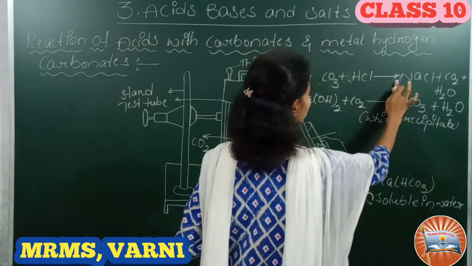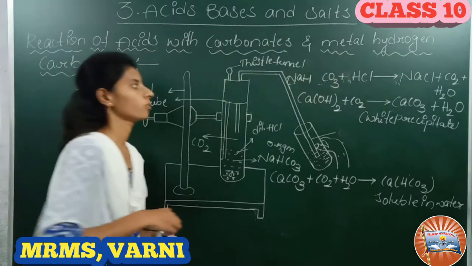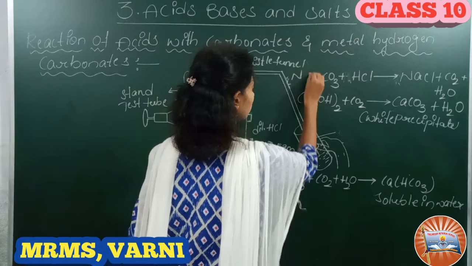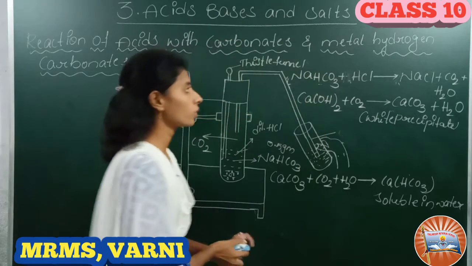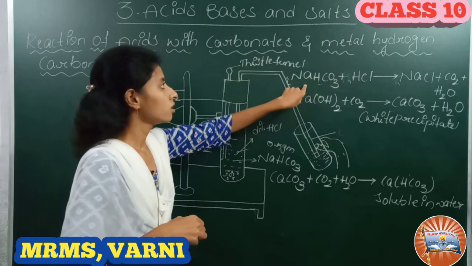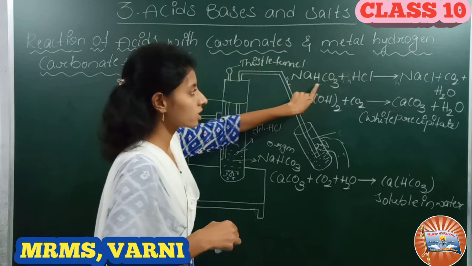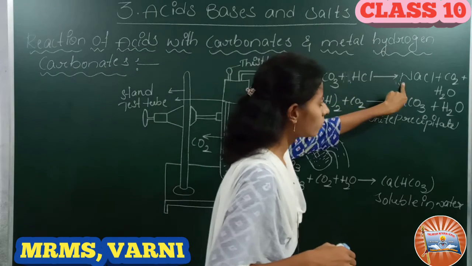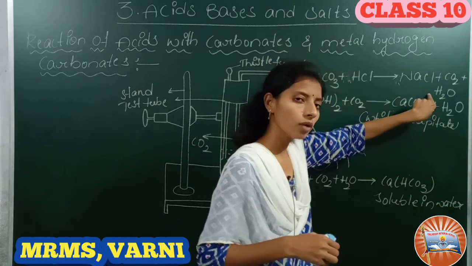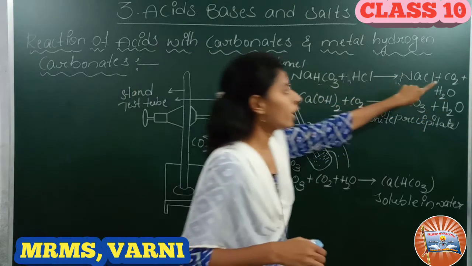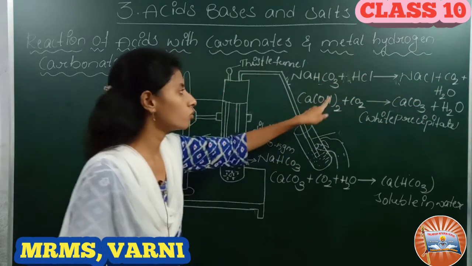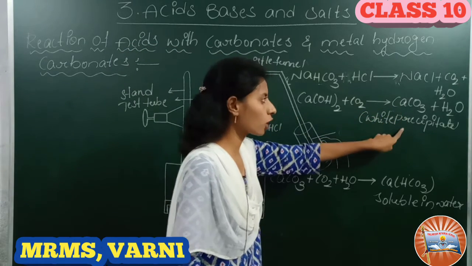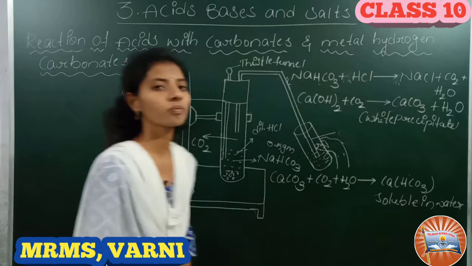NaHCO3, okay. So here I will write this near to this. Now when sodium bicarbonate is mixing with acid, it will give salt, carbon dioxide and water. So when we are passing this carbon dioxide through the lime water, we will get the white precipitate, yes, calcium carbonate, and water, right?